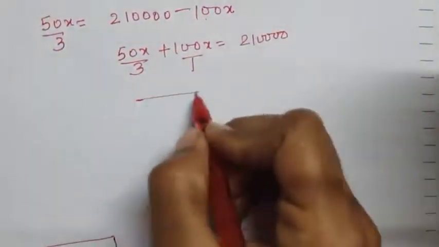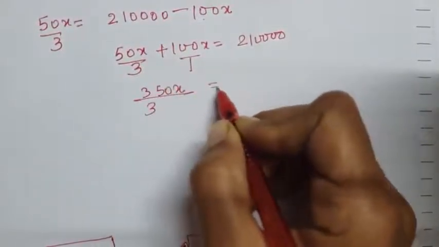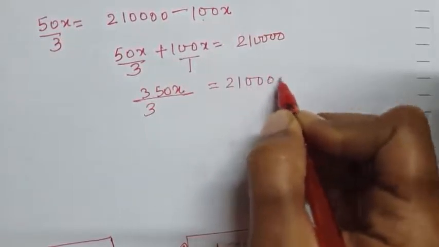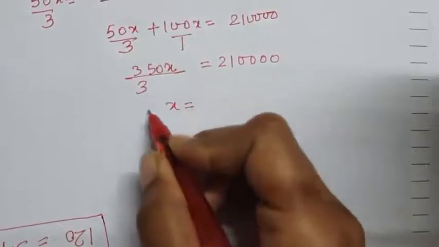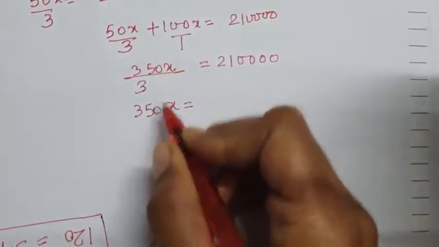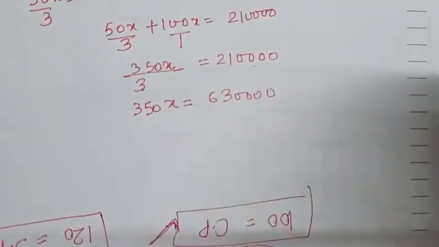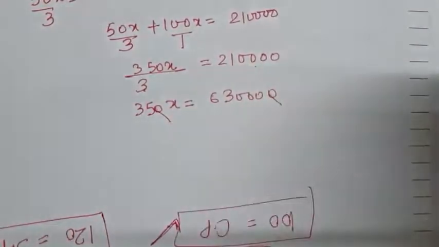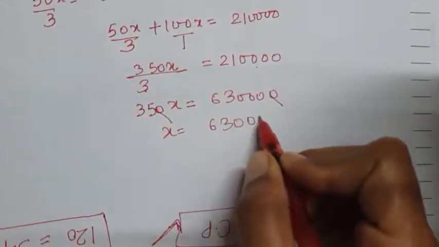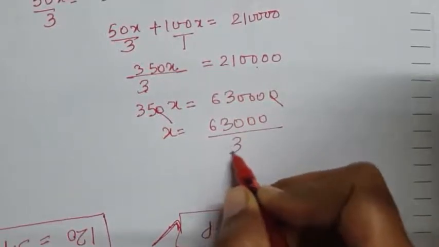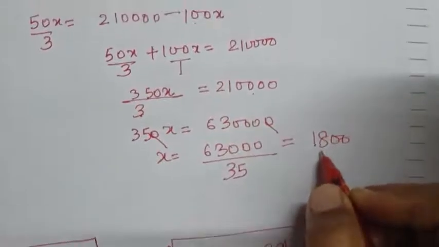We get upon 3, 350x is equal to. Now x will remain here, 350 also remains here, 3 will multiply. Now 0, 0 cancel. So x will be 63,000/35. We get 1800 rupees.